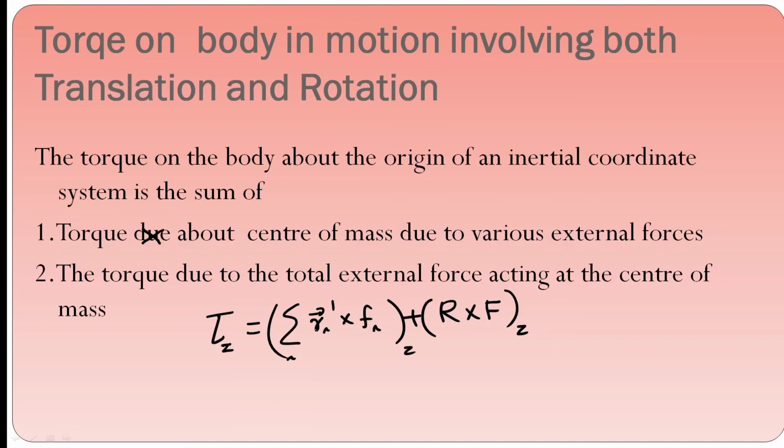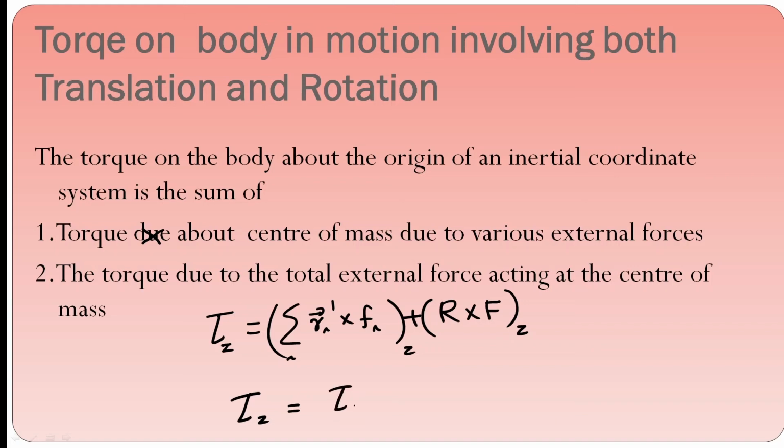The first term is torque about center of mass due to വേരിയസ് എക്സ്റ്റേണൽ ഫോഴ്സ് ആണ്. അതായത് എഫ് ഐ എന്ന് പറയുന്ന വേരിയസ് എക്സ്റ്റേണൽ ഫോഴ്സ് കൊണ്ട് സെന്റർ ഓഫ് മാസിന് എബൌട്ട് ആയിട്ടുള്ള ടോർക്കാണ് ഇതിനകത്ത് ഫസ്റ്റ് ടേം. സമ്മേഷൻ ഓവർ ഐ ആർ ഐ പ്രൈം ക്രോസ് എഫ് ഐ എന്നത് ടോർക്ക് അബൌട്ട് സെന്റർ ഓഫ് മാസ് ഡ്യൂ ടു വേരിയസ് എക്സ്റ്റേണൽ ഫോഴ്സസ് ആണ്. ആൻഡ് സെക്കൻഡ് ടേം ആർ ക്രോസ് എഫ് എന്ന് പറയുന്നത് ടോർക്ക് ഡ്യൂ ടു ടോട്ടൽ എക്സ്റ്റേണൽ ഫോഴ്സ് ആക്ടിങ് അറ്റ് ദ സെന്റർ ഓഫ് മാസ് ആണ്. ഈ രണ്ട് ടേംസിന്റെ സം ആയി നമുക്ക് ടോർക്കിന് എഴുതാം. ഞാൻ ഇതിലെ ഫസ്റ്റ് ടേമിനെ ലെറ്റ് മീ ഡിനോട്ട് ബൈ tau 0.